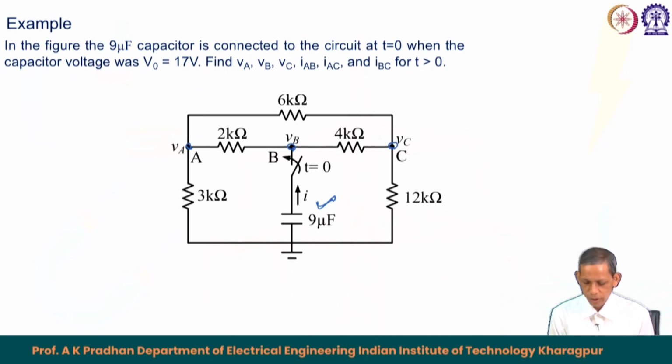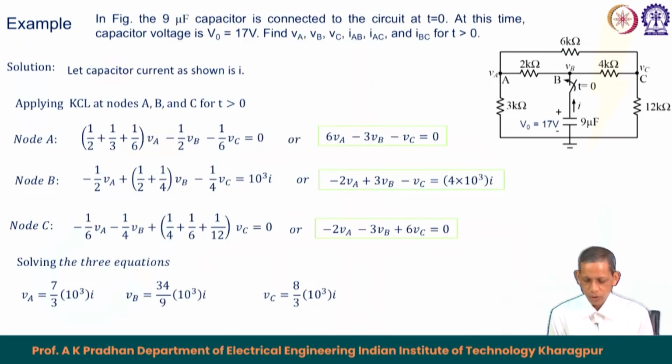So we assign a current I here, and we will use this current I in the nodal voltage method, and then go to the solution for the current and voltage expressions from the switching event. Let us see how we will proceed. Let the capacitor current be as shown, I. Then we will write the nodal equation for node A, node B and node C.